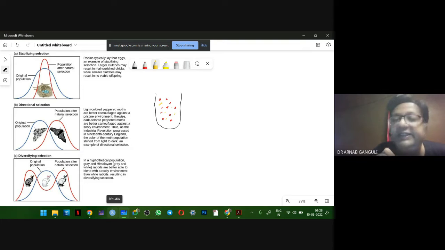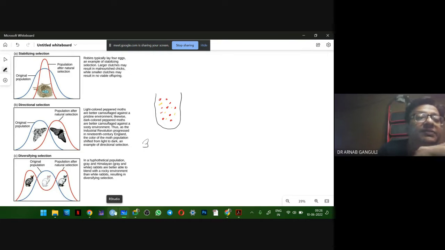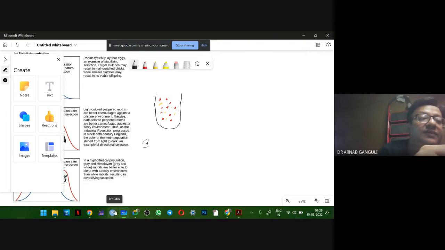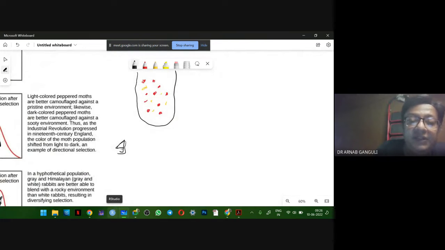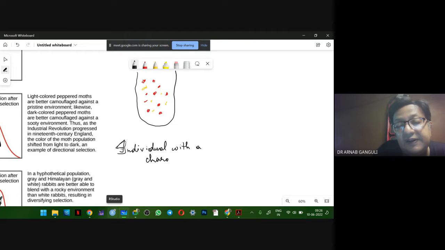So each ball is an individual with a character, each color ball being a character. Now this is a small population.